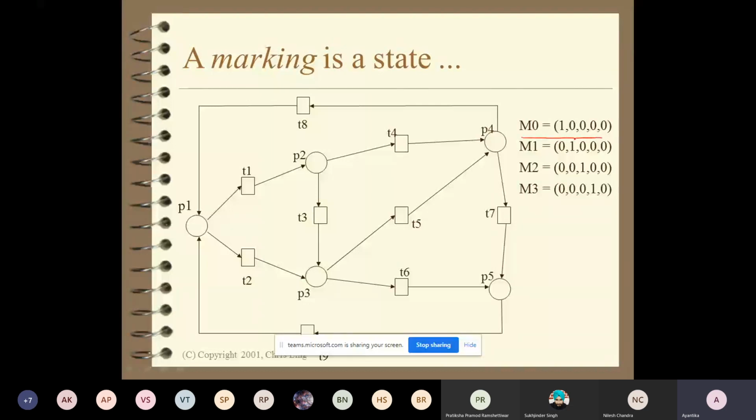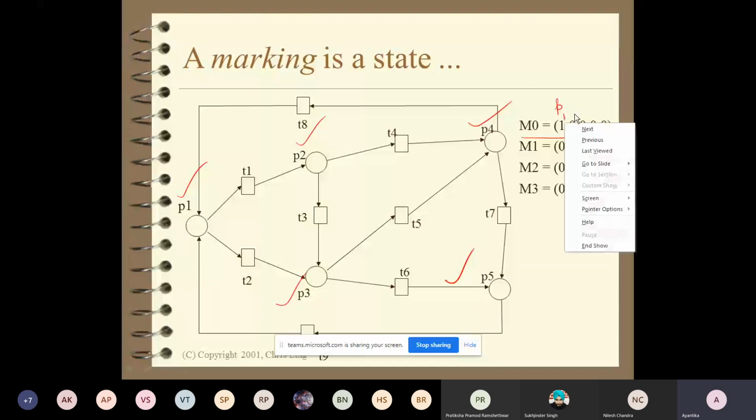First, how many states are present here? P1, P2, P3, P4 and P5, right? So in your marking matrix, you will have 5 different columns. The number of states gives you the number of columns, giving the values of P1, P2, and so on up to P5.